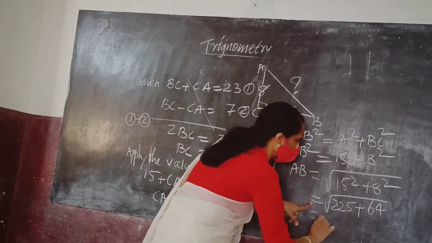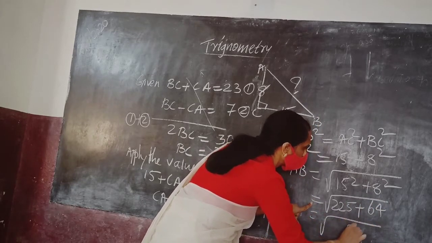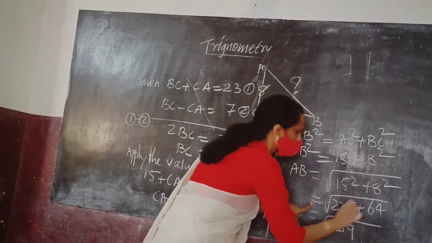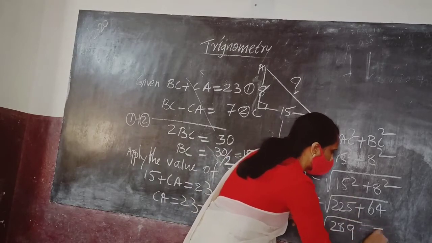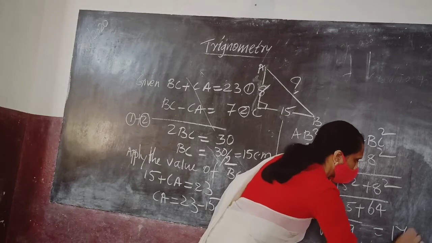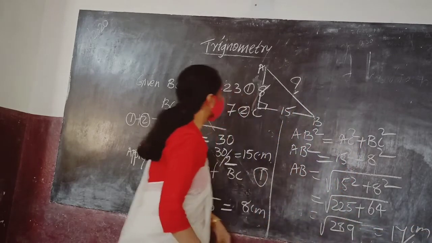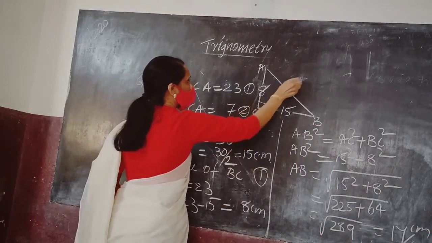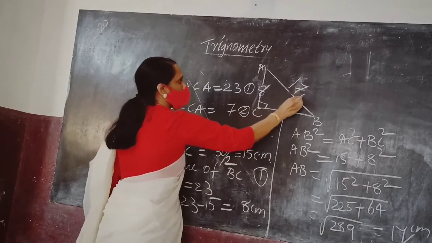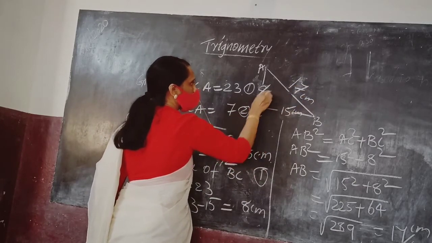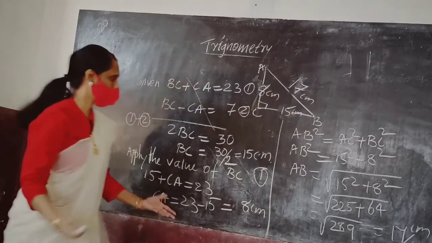That means we get 289. What is the root of 289? 17. We got the side AB as 17 centimeter. So very easy.